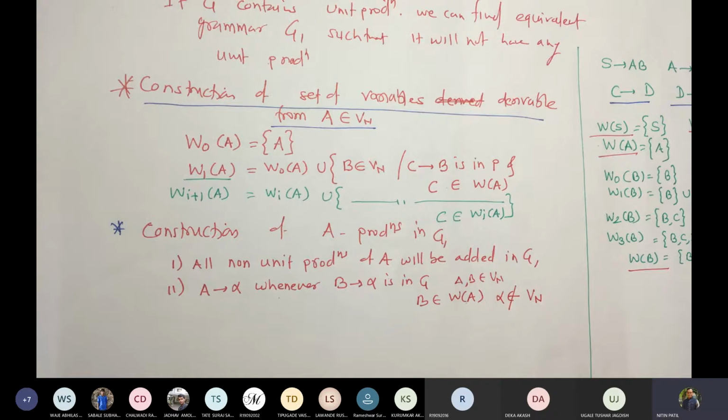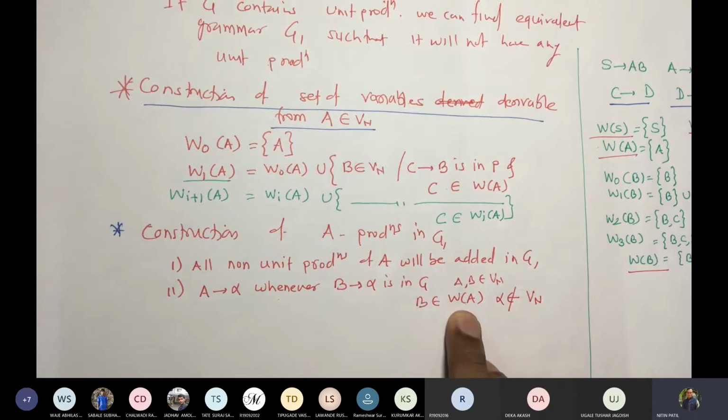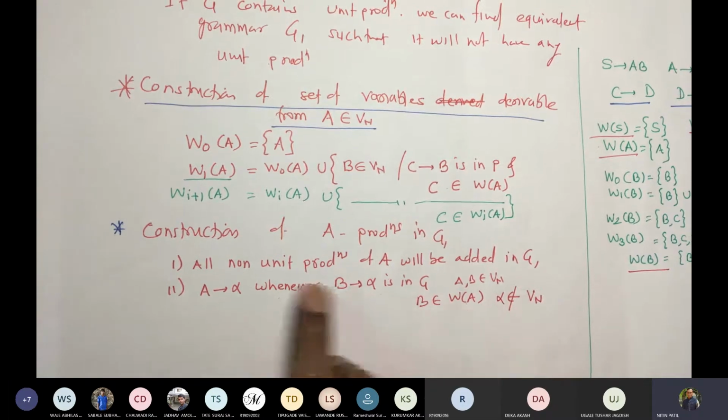There should not be a variable because all non-unit productions are already added. So we are talking about only unit production. So either there would be some terminals, combinations of them, or there can be only one variable. Correct? So we are talking about them. So alpha does not belong to Vn, but B belongs to previous W of A. If it is the case, then we are going to add this.